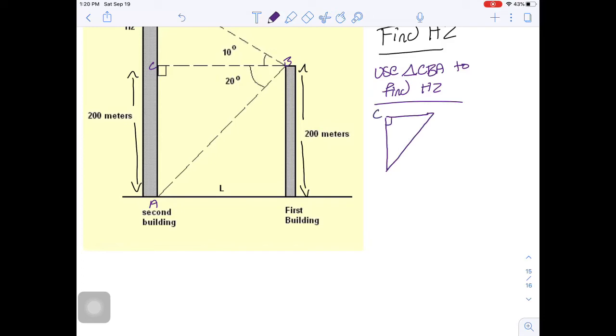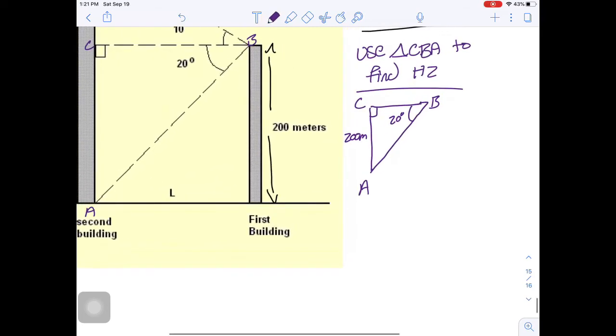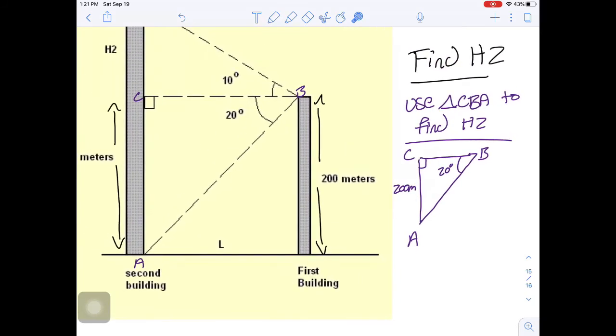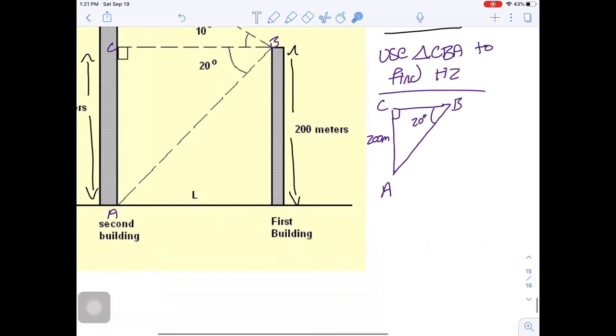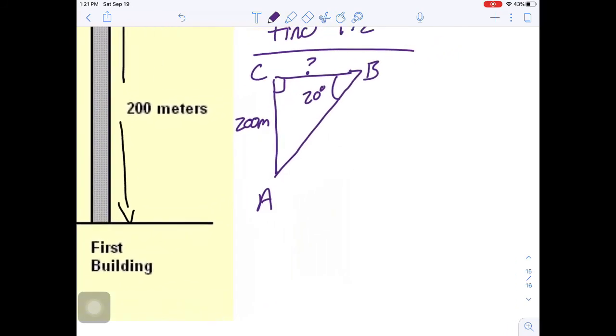So we have our 90 degrees. This is C, B, and A. This is telling us it's 20 degrees. And this is 200 meters, right? C to A is 200 meters. We're trying to find C to B, because that is shared in this triangle. So let's put a question mark here, okay, and let's start solving.